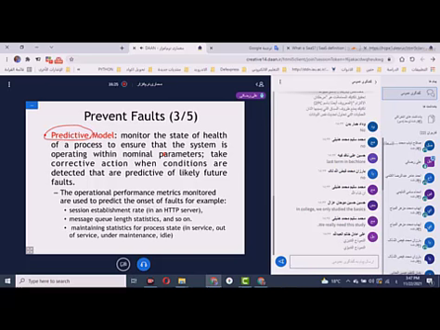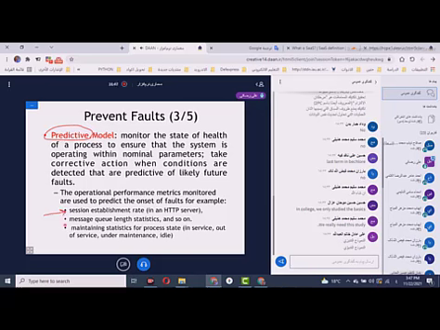We can have these predictive models to monitor the state of health of a process or a component to ensure the system is operating within nominal parameters. This example is very good.